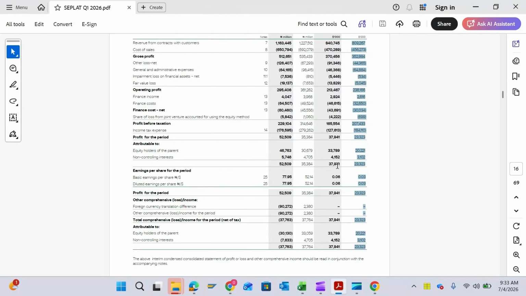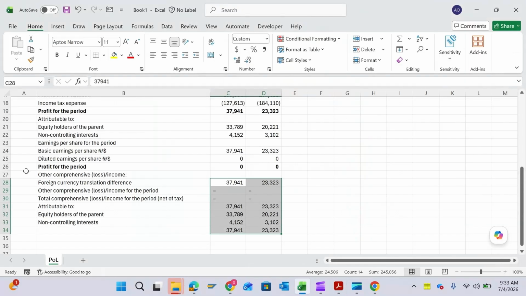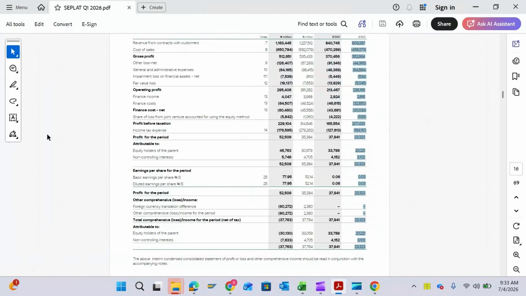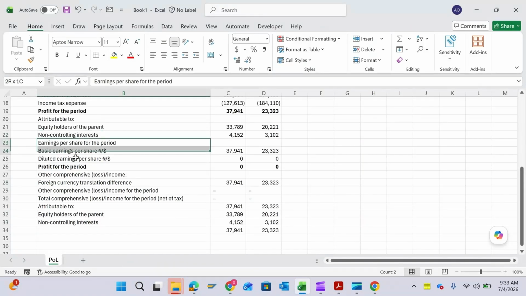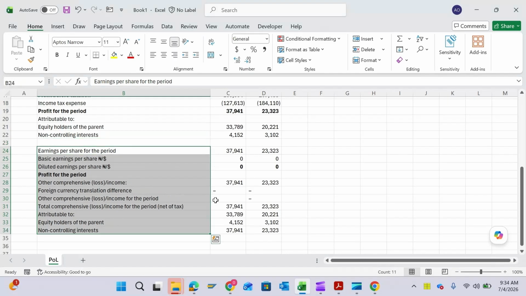Okay, okay, okay. So under the non-controlling assets, there's supposed to be a space there. Supposed to be a space under the non-controlling interest rather. Okay. I think we are on the right way.